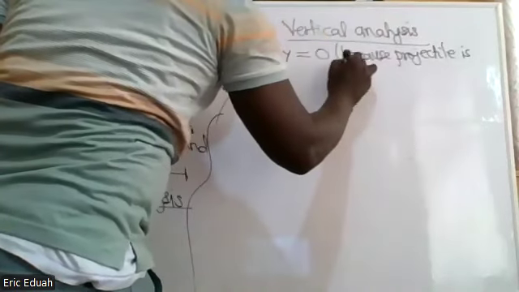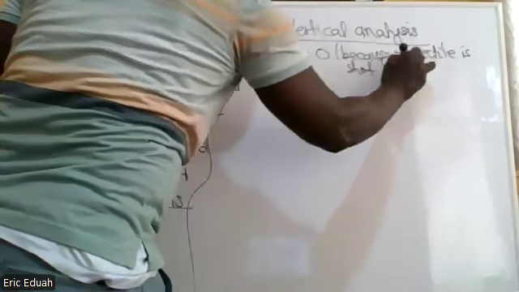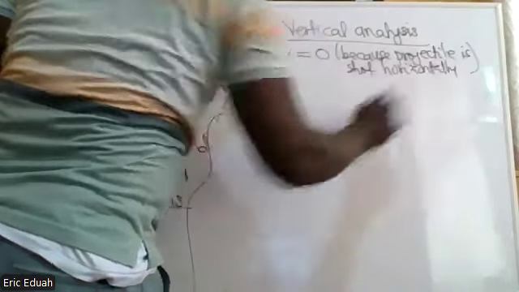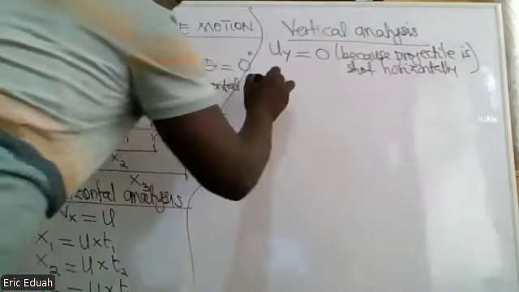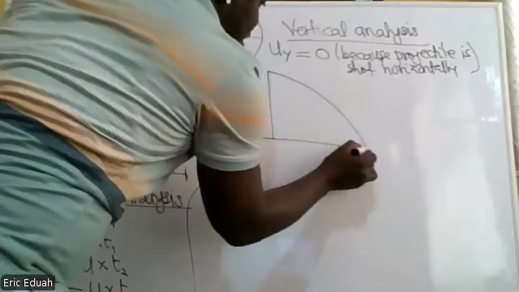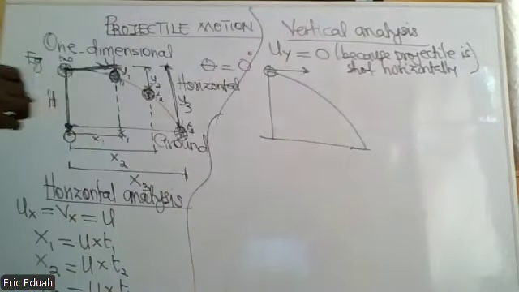Because the projectile is shot horizontally, the trajectory or the path is such that initially, this is where it is going.